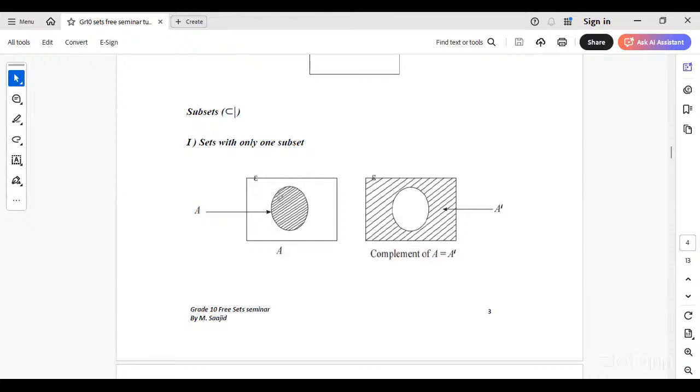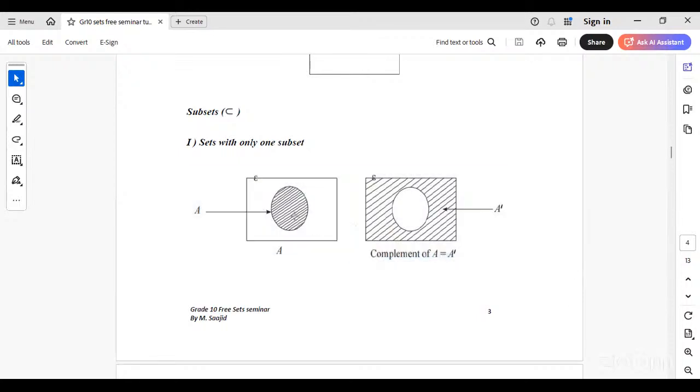This shaded region is defined as A. Then what is the region which is not shaded, the region in white color? We call that the complement of A, A dash.